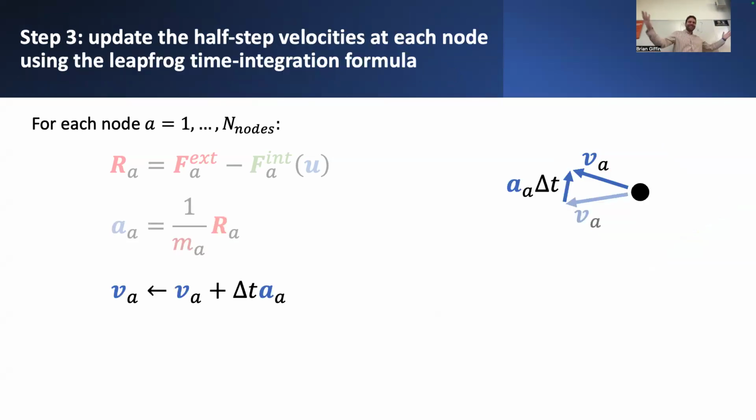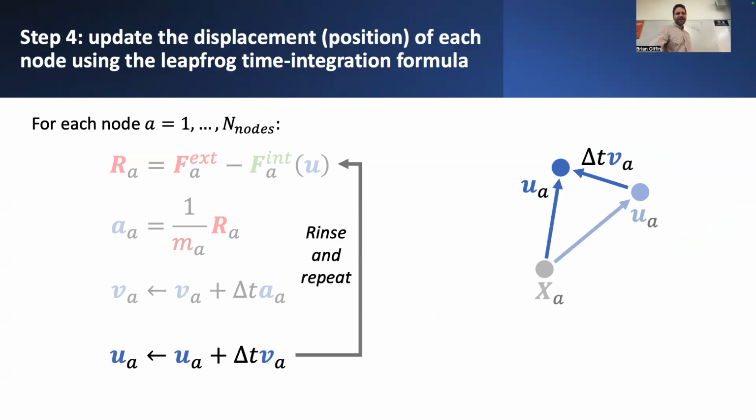Then we update the velocities. Using that leapfrog algorithm, all it looks like is, take the old velocity and add to it the current time step times that new acceleration that we just computed. And then finally update the positions. Take the old position, add to it the time step times the updated velocity, and I get the new positions.